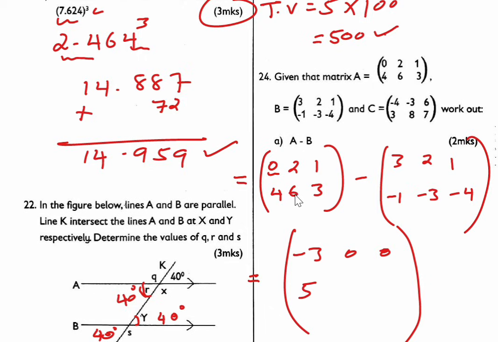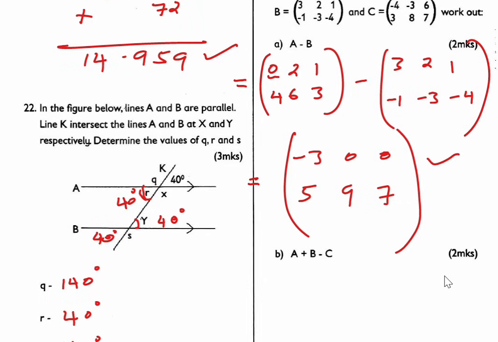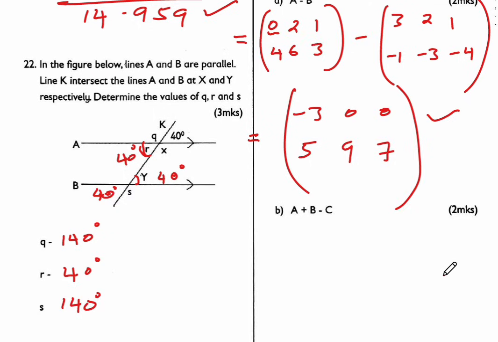Then 6 minus minus 3, again becomes a plus, 6 plus 3 is 9. Finally 3 minus minus 4 is 3 plus 4, you get 7. Therefore, that is the answer. This is the matrix. What about A plus B minus C?